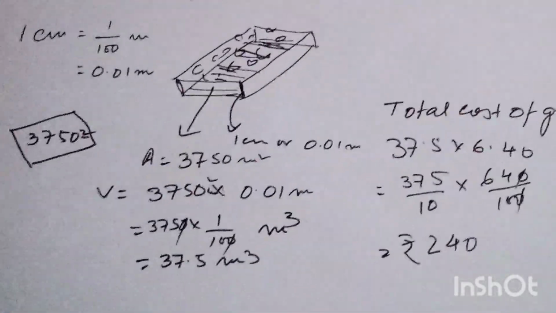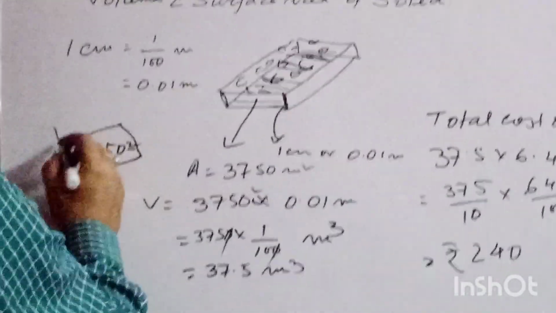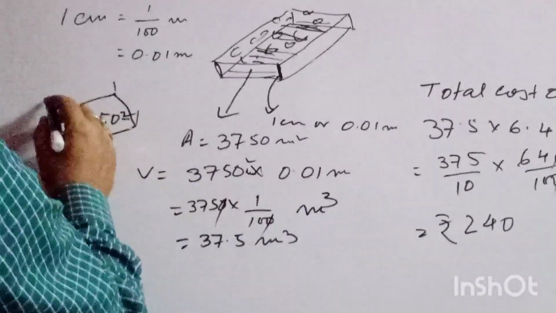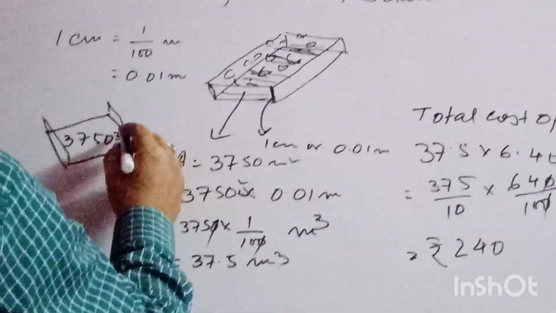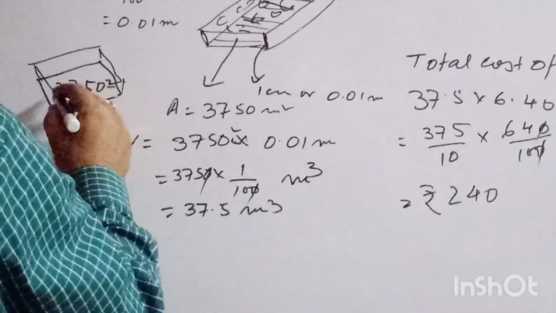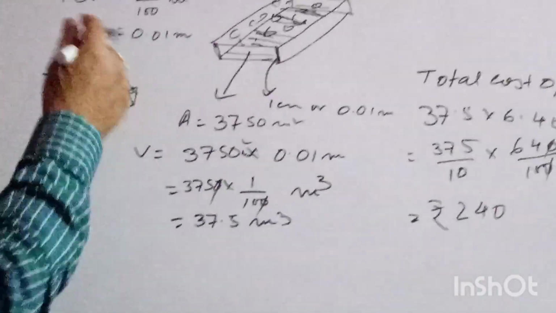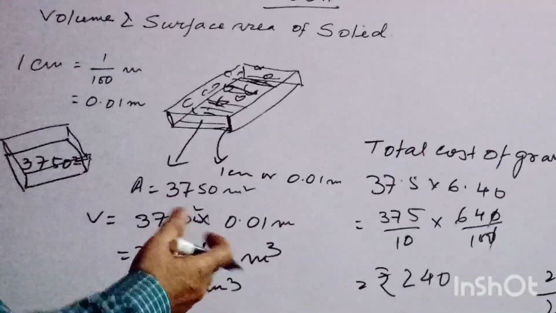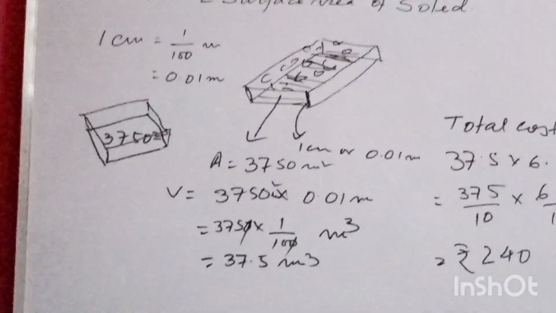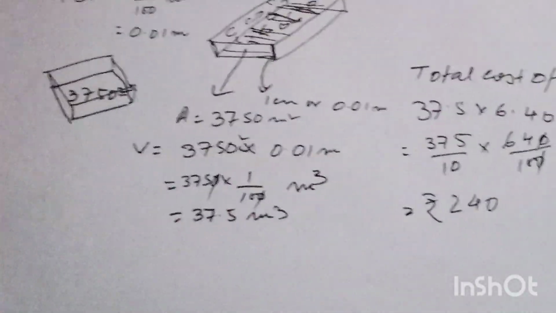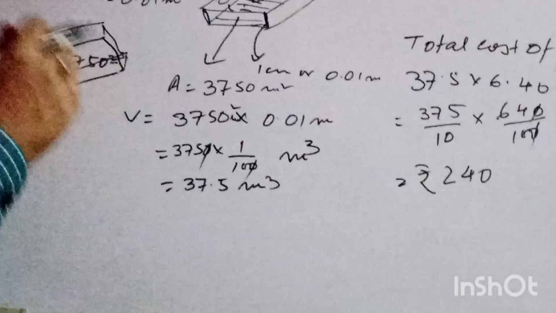This was the first surface, and it is raised up to height 1 centimeter like this. So the figure is exactly like this, and this is the height, 1 centimeter. So volume can be calculated easily by multiplying the base or surface area into height.